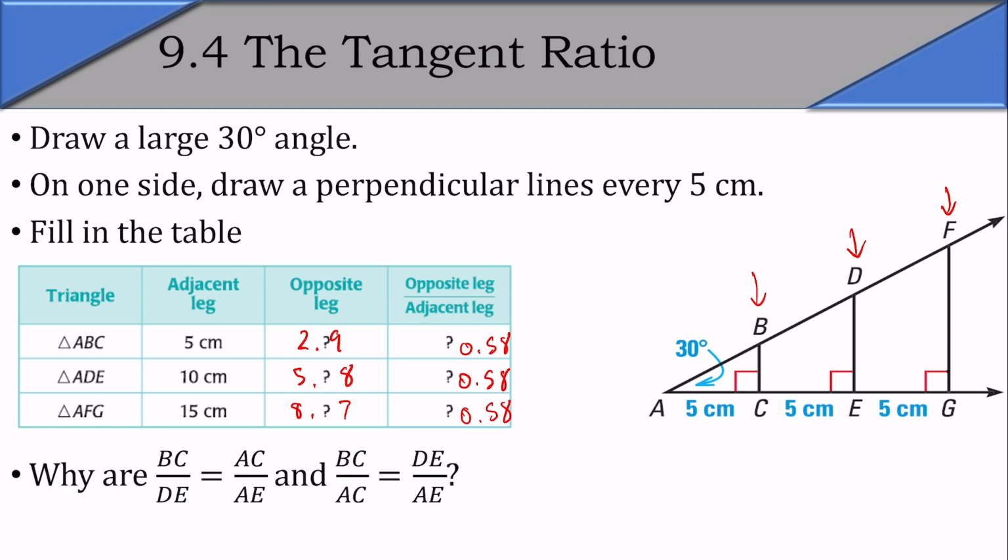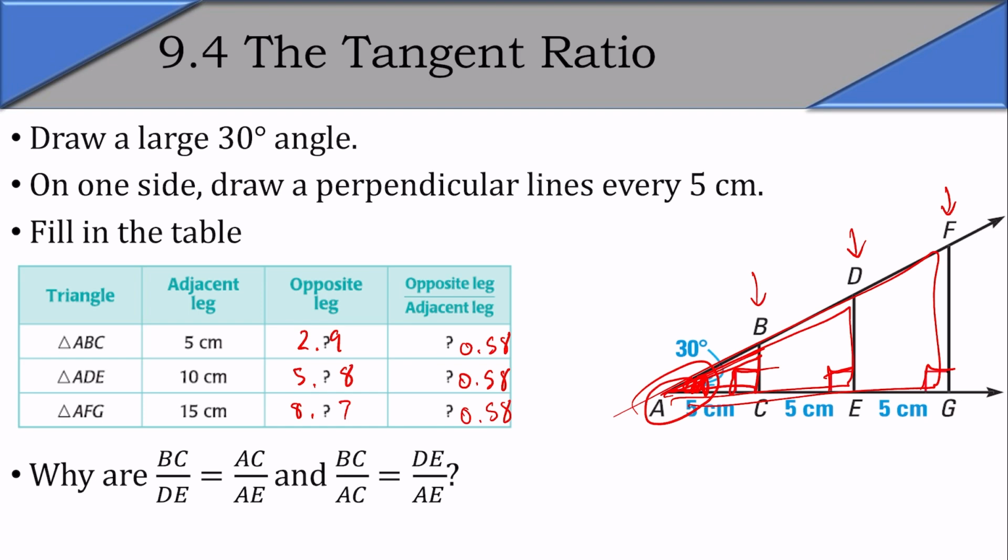Why? Well, these triangles are all similar because they all share this angle A and they all have a right angle. So these triangles are all similar by AA similarity. So since the triangles are similar, I know the ratio of the sides would be the same.